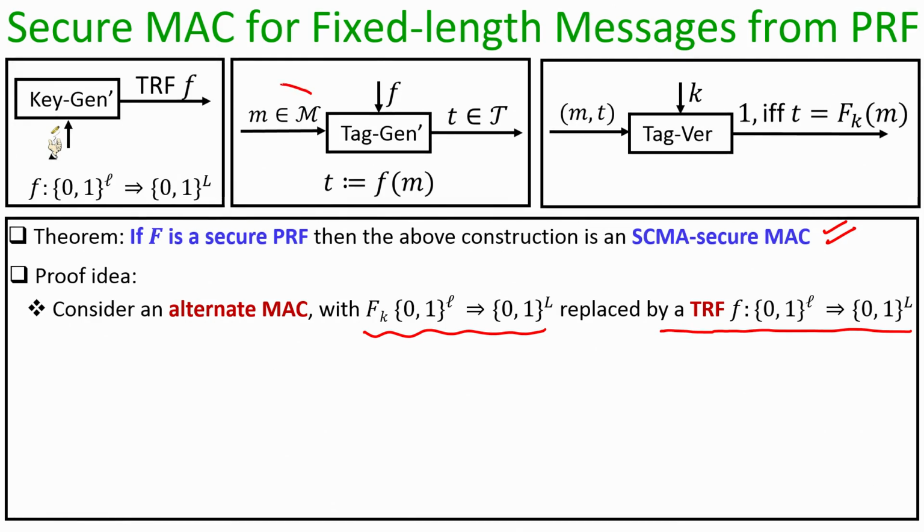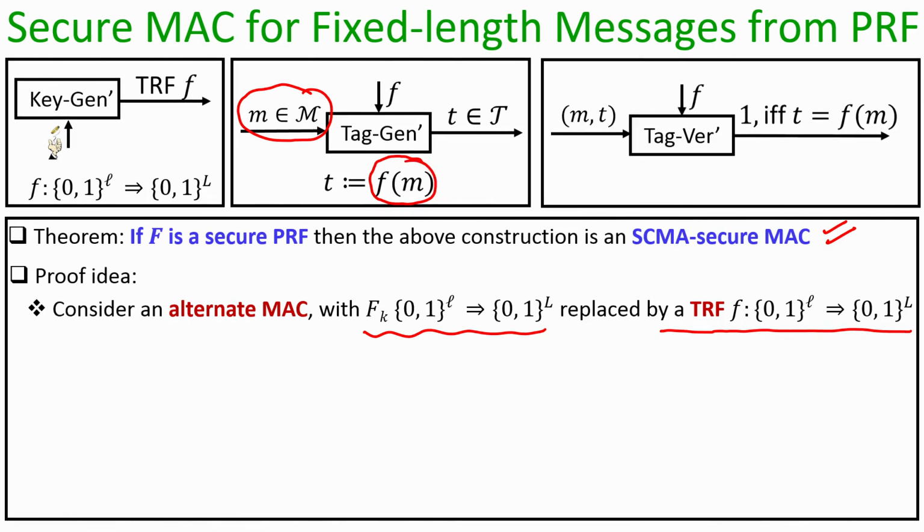To authenticate a message little m, the tag is the value of this truly random function on the message as input. The tag verification algorithm is analogous: to verify a message, tag pair, the receiver recomputes the value of the tag by evaluating the truly random function on the message part and compares it with the tag part, and if the verification is successful then the output is 1, otherwise the output is 0.